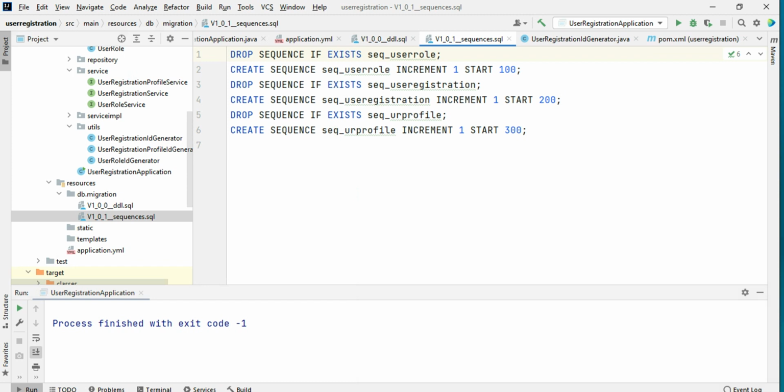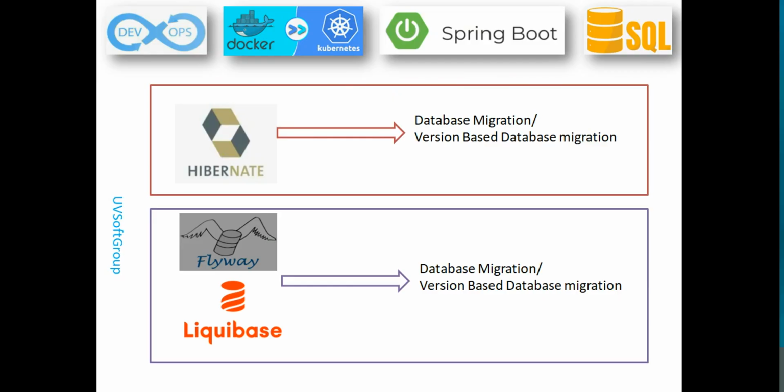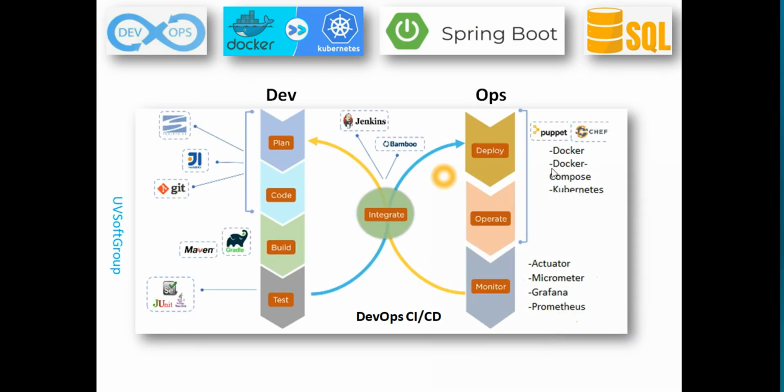So we have applications, we migrated the application to Flyway, and we already saw how to deploy the standalone jar files in a really professional way.